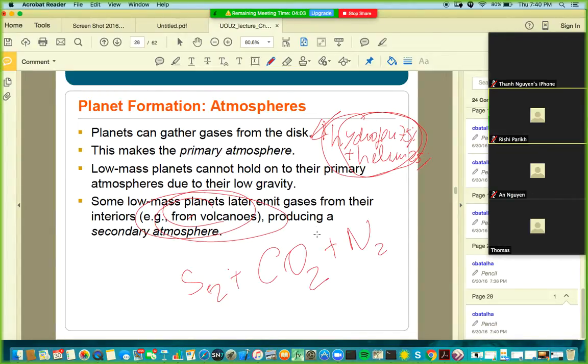So the secondary atmosphere, and this is true not only for Earth but for Venus and Mars, was primarily carbon dioxide.